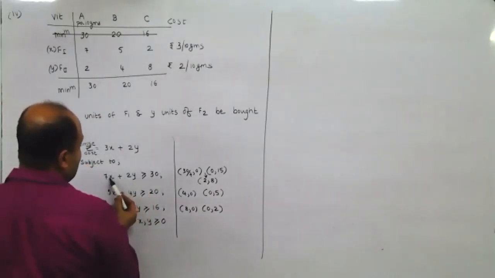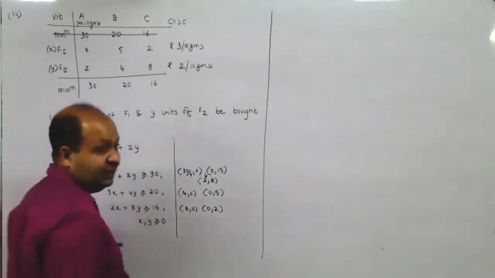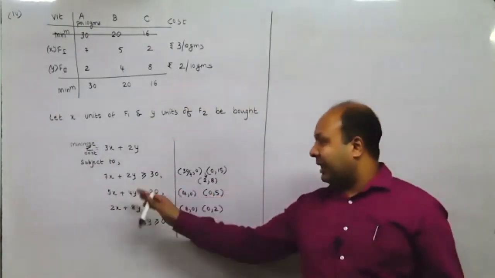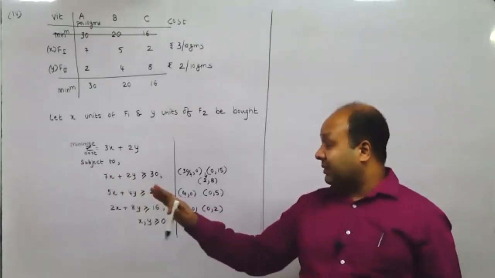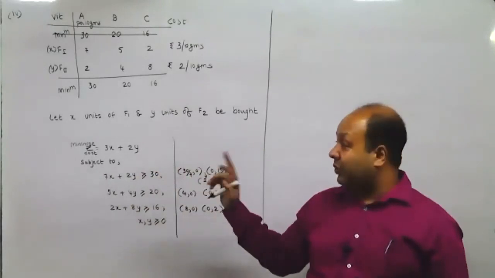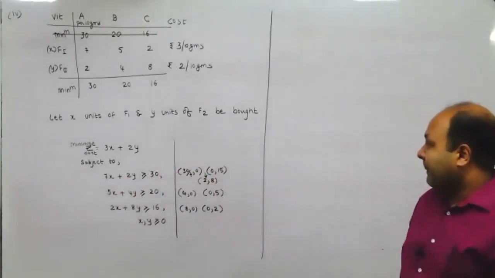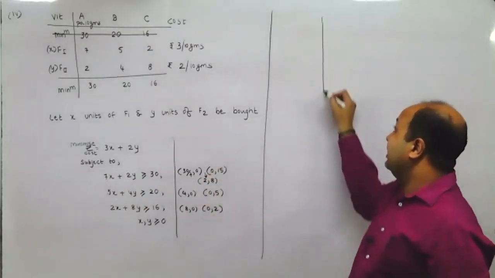If I put x as 2, 14, 30 minus 14 is 16, 2y is 16. You put any random value. I took a value such that I can get the value of y. When I take 3, this would be a decimal and I don't want that. 7 4s are 28, 30 minus 28 is 2, so when it is 4, y is 1. I took 2 comma 8 because otherwise it is a fraction and I won't be able to plot it.